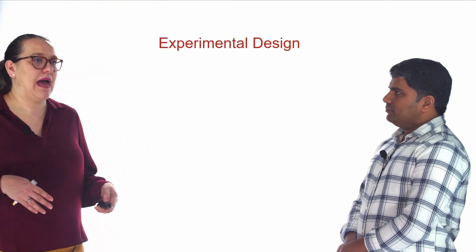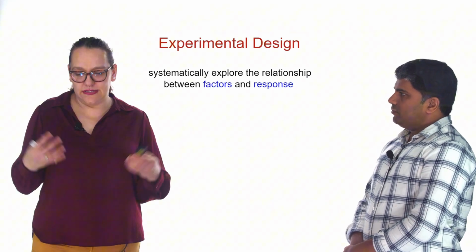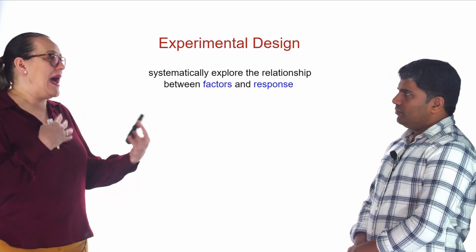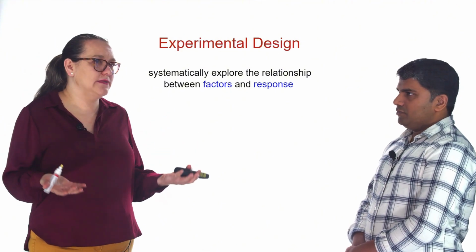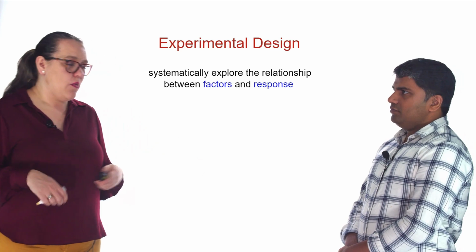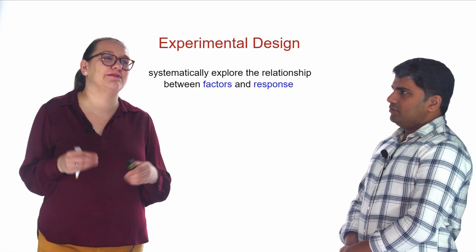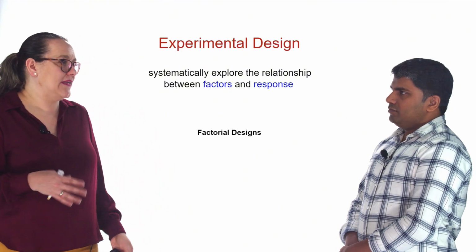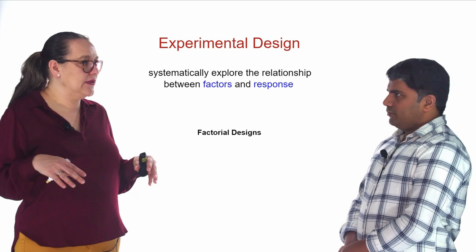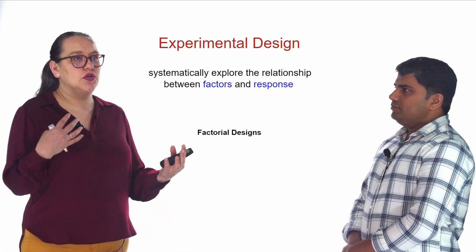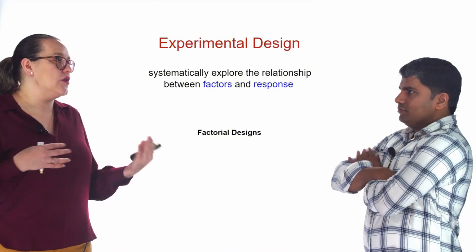We have different types of experimental designs. These designs help us analyze the relationship between the factors and the response. Depending on the objective and the nature of your experiment, we have different ways to do it. The most famous and general one is the factorial design. In the factorial design, you analyze all possible combinations, and it is used mainly to see which factors really affect your response or not.